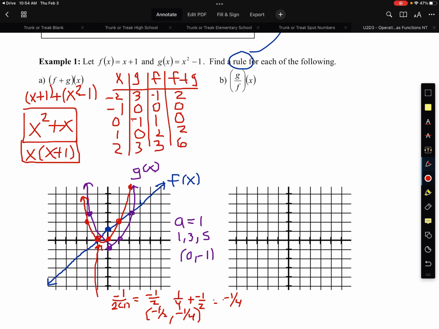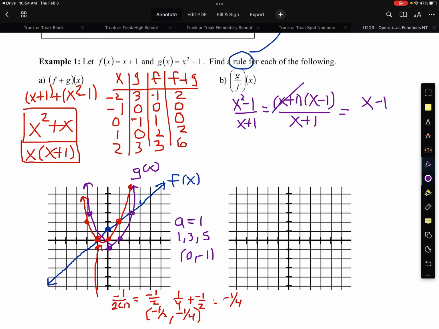With the second scenario, we have g of x divided by f of x. So we have x squared minus 1 over x plus 1, which, from our rational functions unit last year, we can factor and cancel to give us just x minus 1.